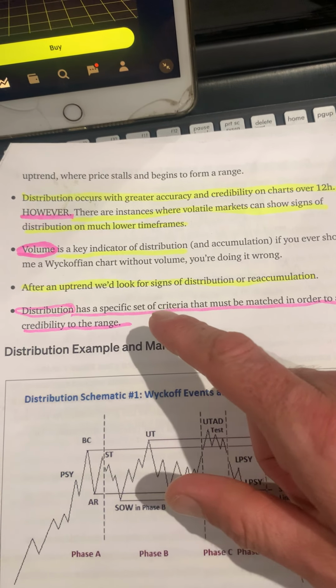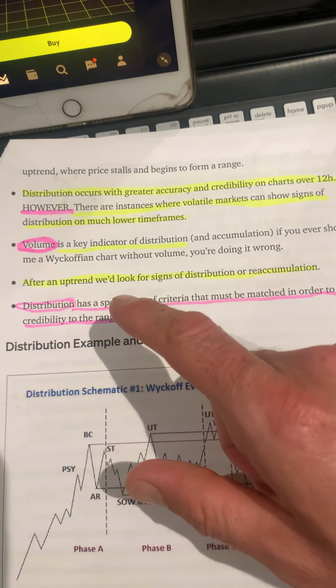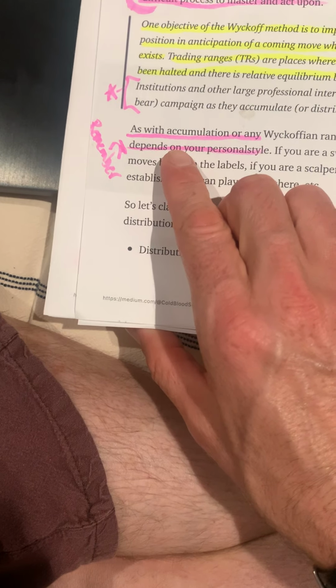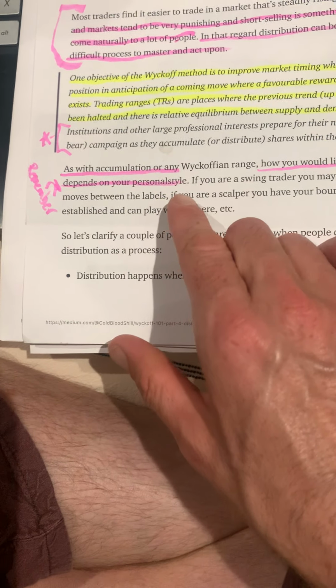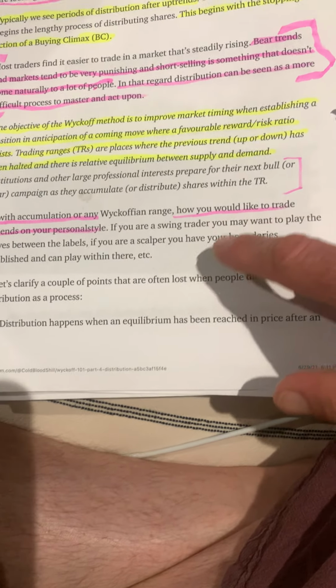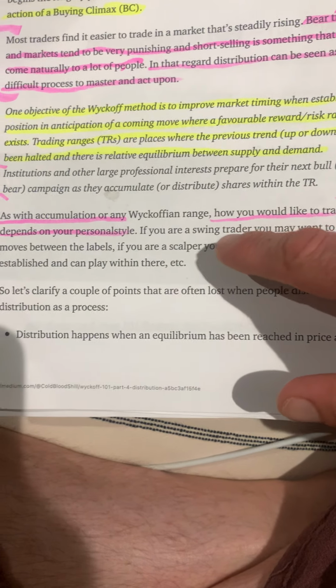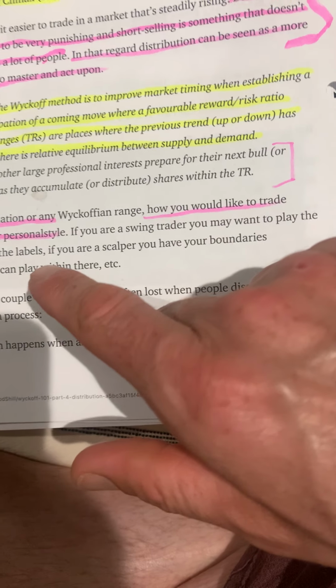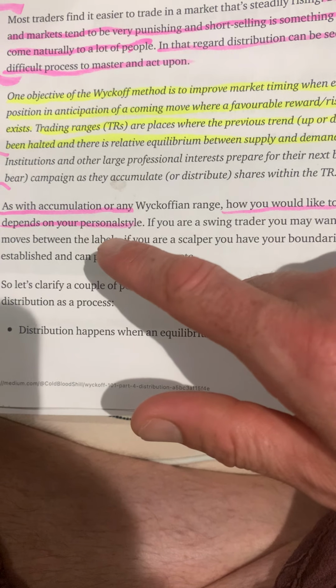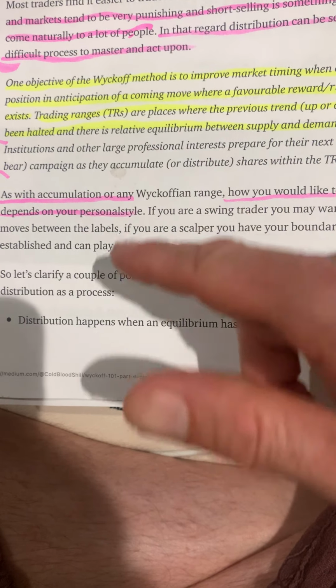As with accumulation or any Wyckoffian range, how you like to trade depends on your personal style.